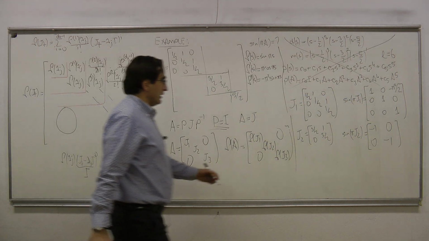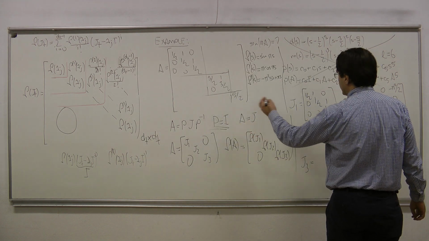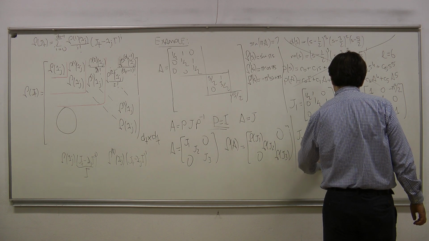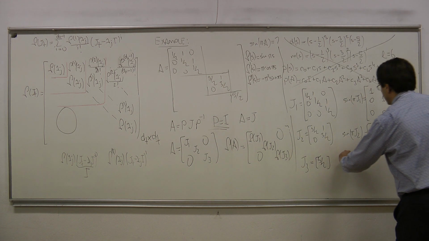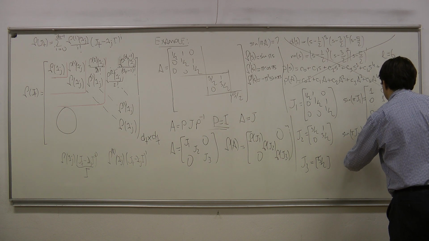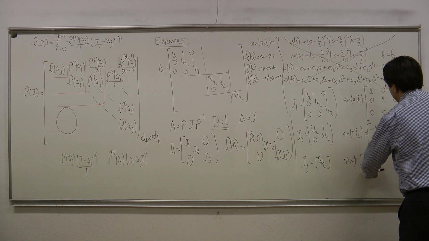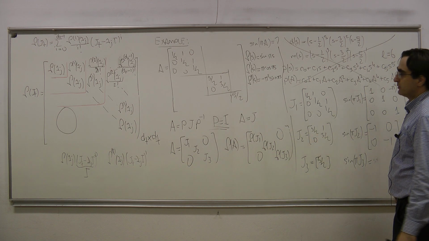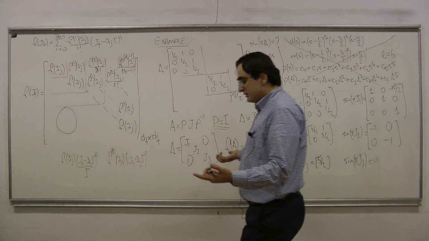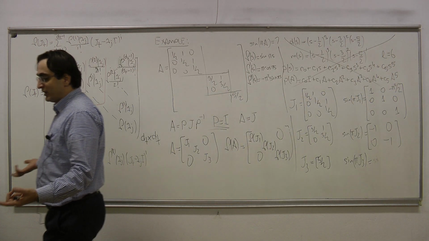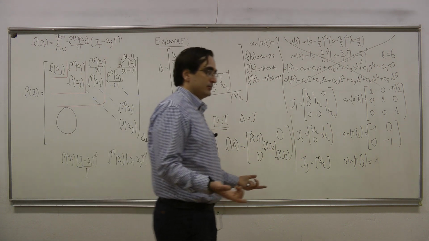So finally, I have the third Jordan block, J3, which is equal to the scalar 5/2. It's a 1-by-1 matrix. A scalar is a 1-by-1 matrix, and its eigenvalue is itself.